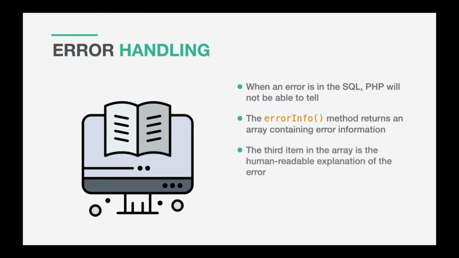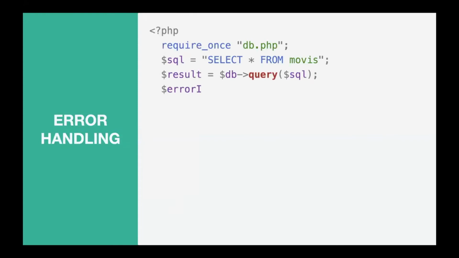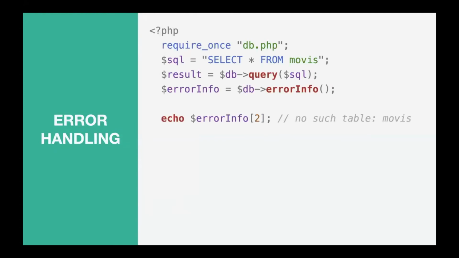This errorInfo will return an array, and the third item in that array is a human readable explanation. That's the one we're going to be utilizing and testing to see whether there is an error or not. So let's see an example here, and then I'll show you an example in the code.